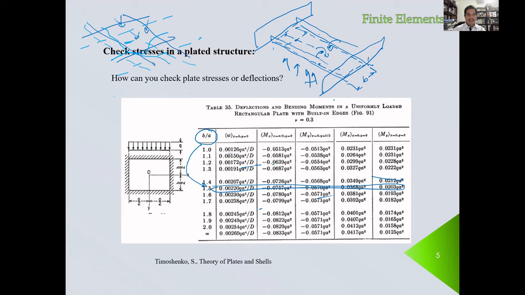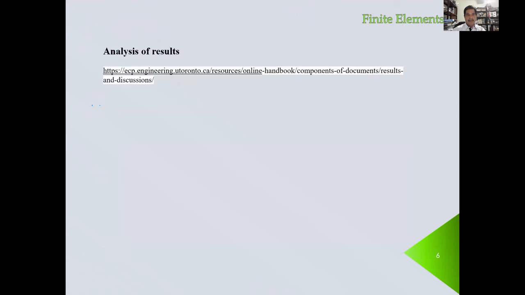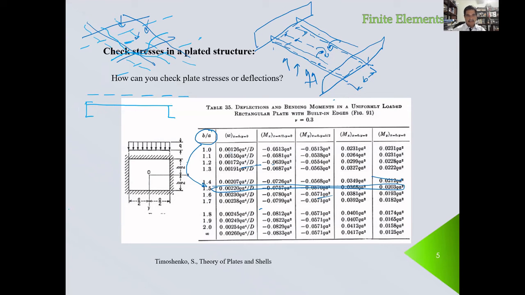Now, if we plot this in a profile, so this is the original. This is the deformation of the stiffeners. In here, we have the deflection of the plate. So we have something like this.